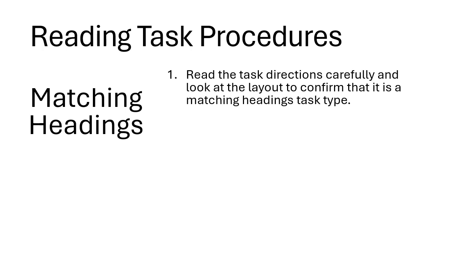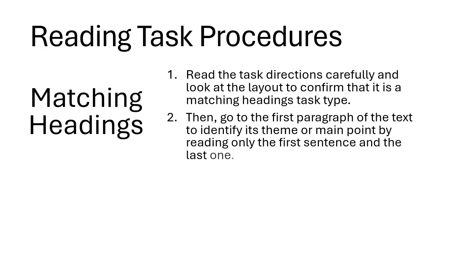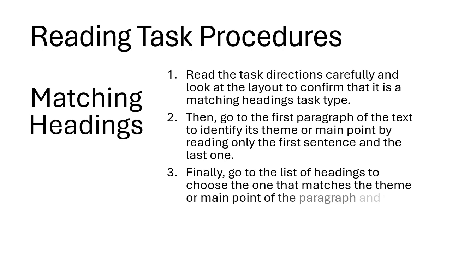Once you've confirmed that, the next step is to go to the first paragraph of the text to identify its main theme or main point by reading only the first sentence and the last one. You read the first sentence and the last one because, as I have said before in the previous clip, the first sentence states the main point, whereas others support that main point.